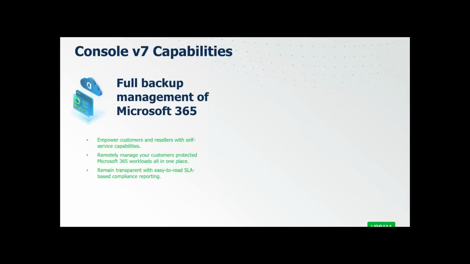But let's take one step back and look at what we did in the latest version 7. Before, we had license reporting for Microsoft 365, or Veeam Backup for Microsoft 365. But what we did in version 7 was to enable a lot of management and onboarding tools. So you as a service provider can onboard your new organizations and customers from within one console, but also the customers themselves can do this onboarding.